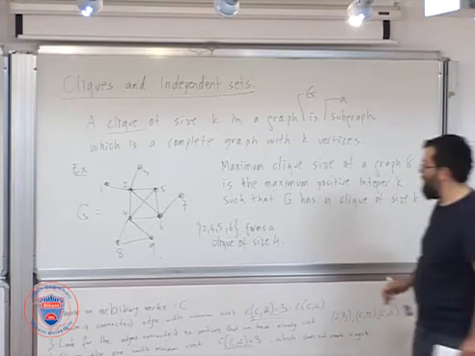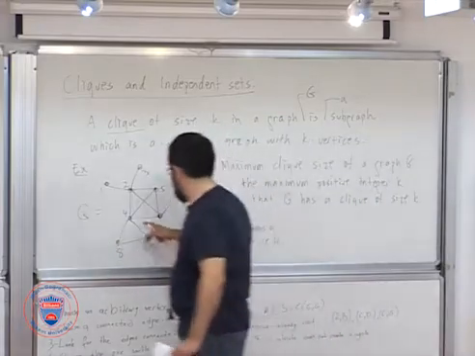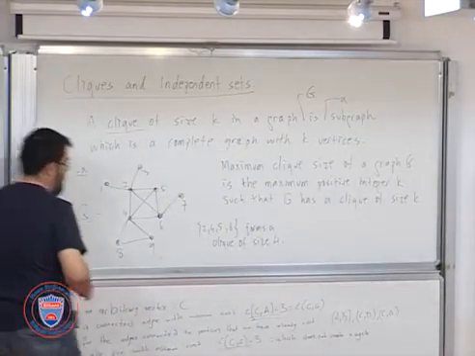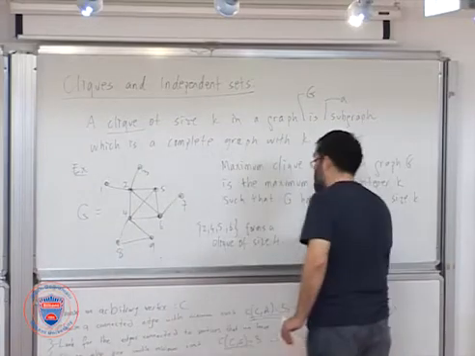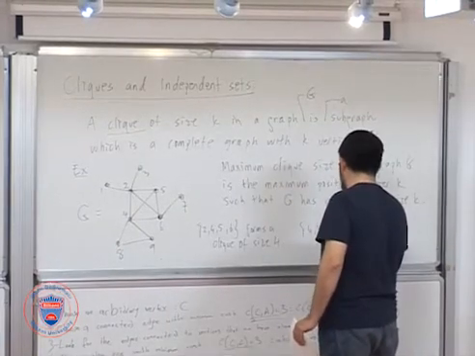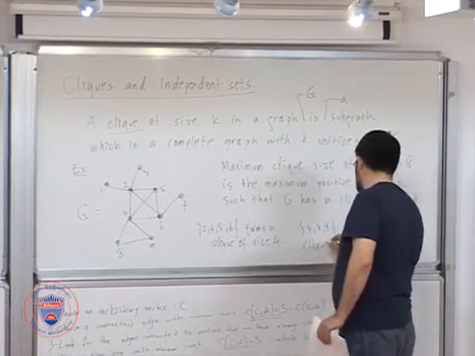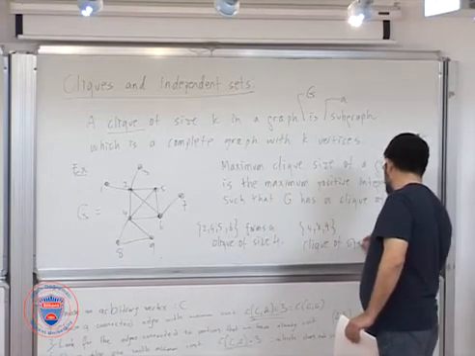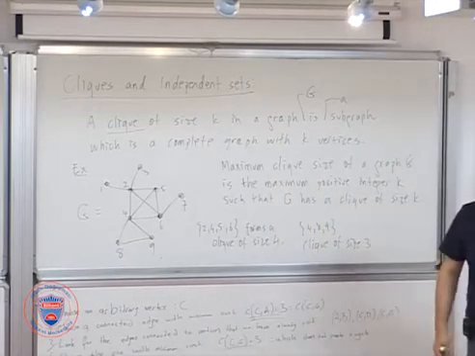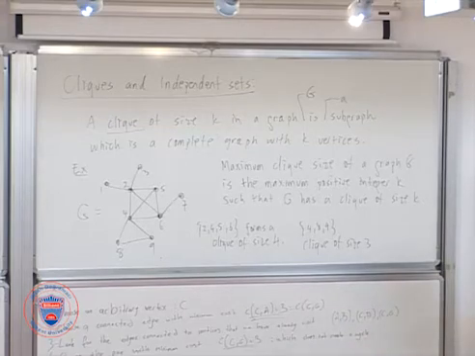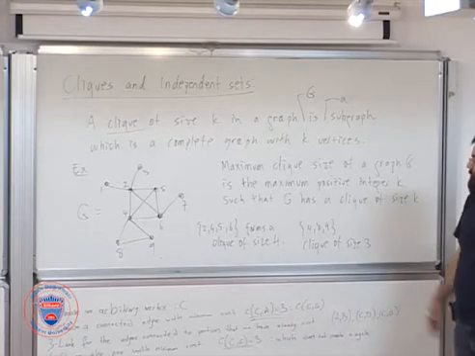You see that this graph also has a clique of size 3, like 4, 8, 9. Obviously, the maximum clique size here is 4 because you don't have anything bigger.